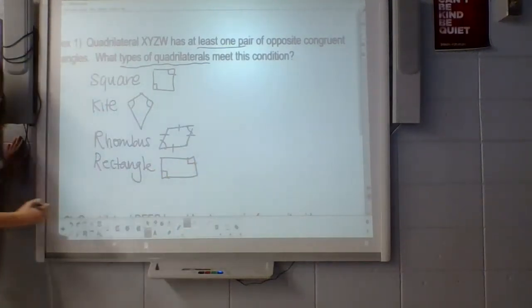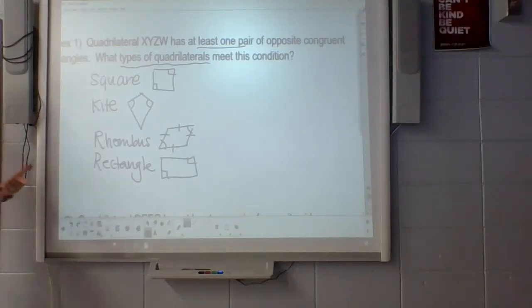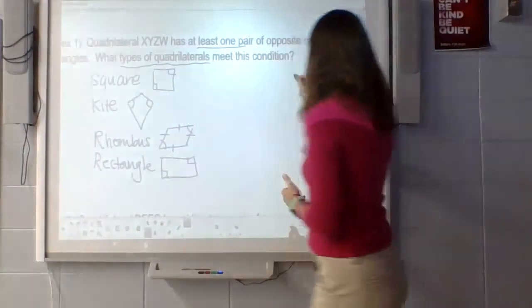What else? Rhombus. Okay. Sorry, my rhombus looks a little like another shape. Rectangle. And then, what else?